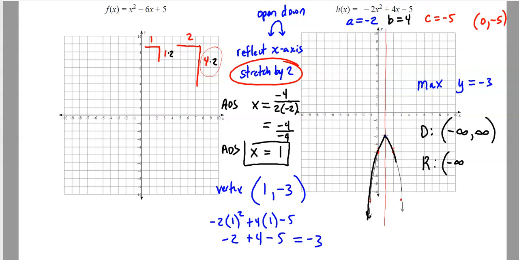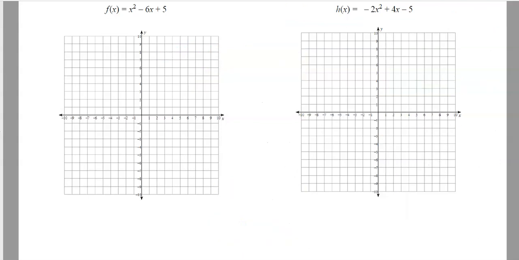The y values are just going to keep getting lower and lower and lower. But as far as how high it can go, -3 is going to be the cutoff. And I put that hard bracket to show that it can be -3, but it doesn't go past there. All right. So the big key to this thing is starting off with that x equals -b/2a. Kind of helps you out.